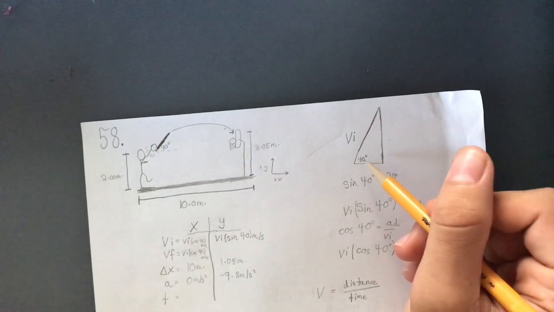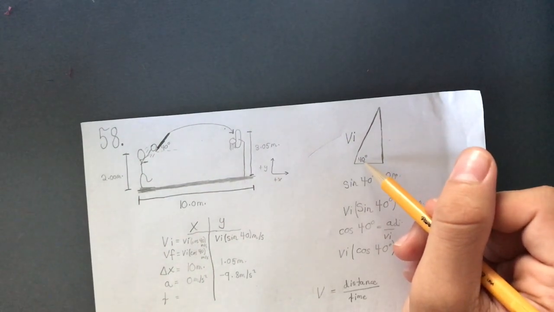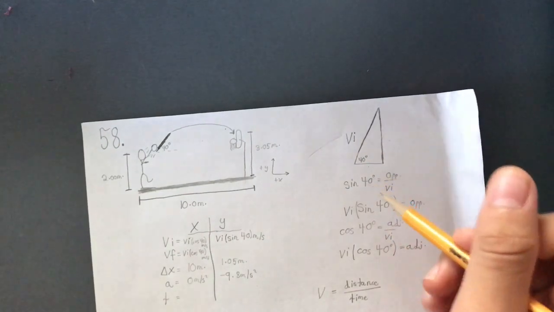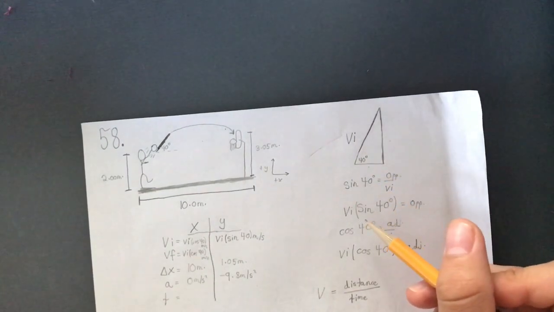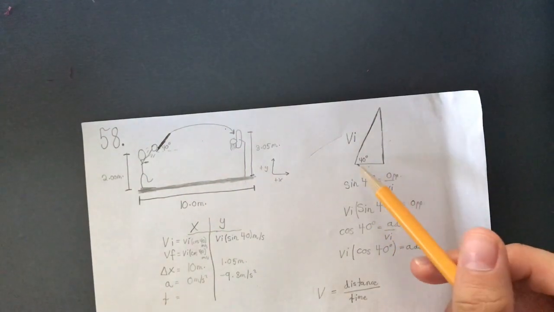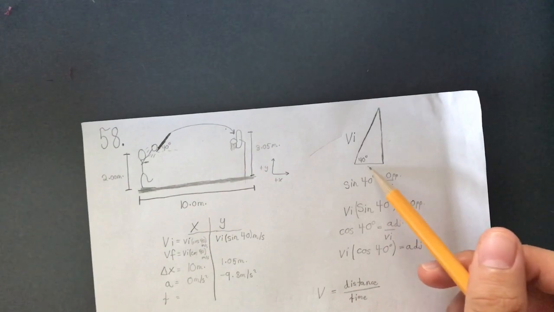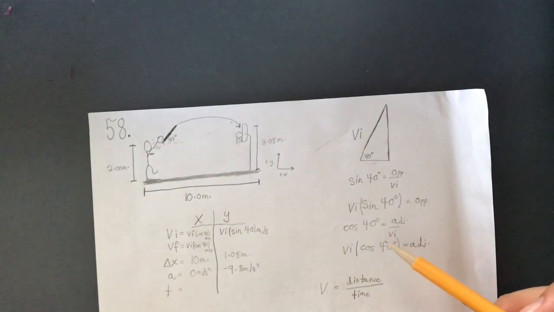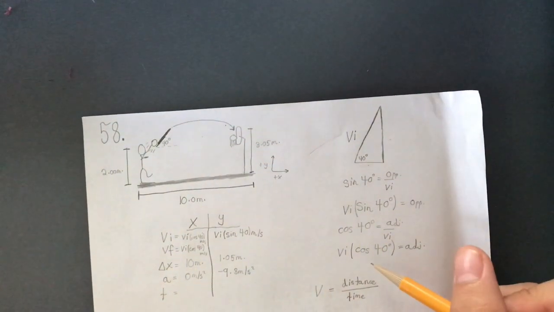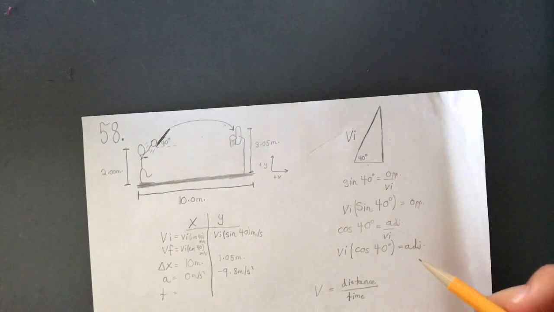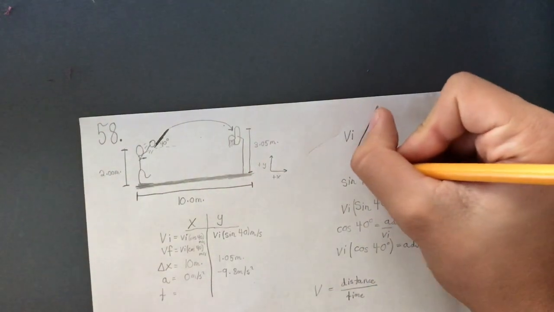The sine of 40 degrees would be opposite over hypotenuse, which gives the initial velocity times sine of 40 as the opposite. And we can do the same for this vector: cosine 40 degrees is adjacent over initial velocity, which gives initial velocity times cosine of 40 degrees as the adjacent. So we can plug that in here.